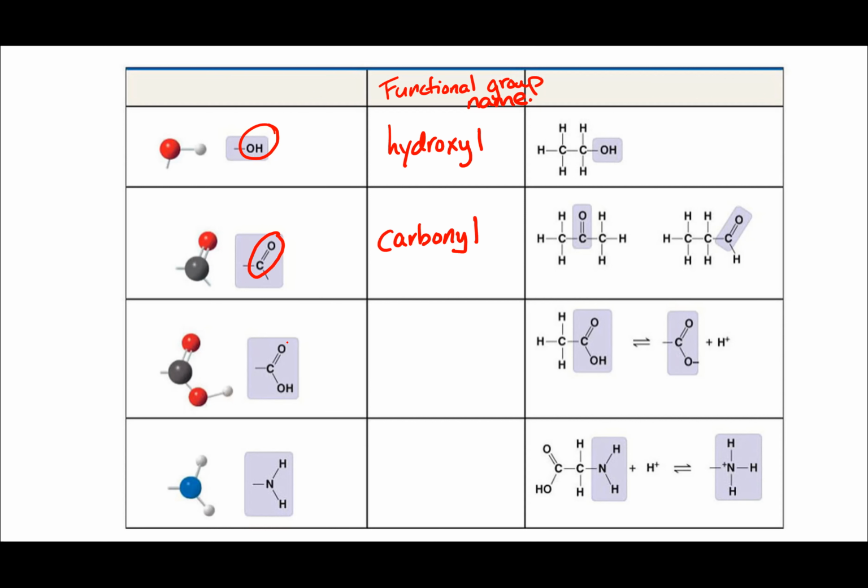If you have an oxygen double bonded with a carbon, and that carbon is also connected to a hydroxyl, that's carboxyl. If you have a nitrogen connected to 2 hydrogens, this is what we call an amino group. So we have hydroxyl group, carbonyl group, carboxyl group, and amino group.